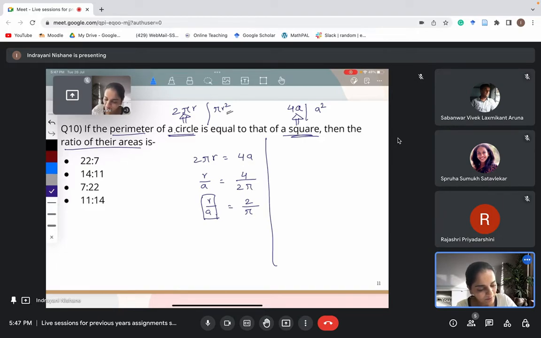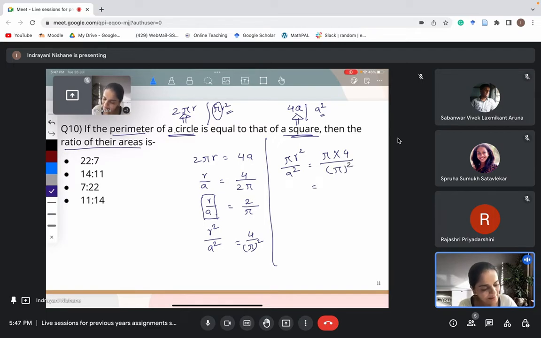Because here we have pi r square and a square, we will square this first, so it will be 4 by pi square, and now we will multiply the numerator with pi. So it will become pi r square divided by a square, pi multiplied by 4 divided by pi square.